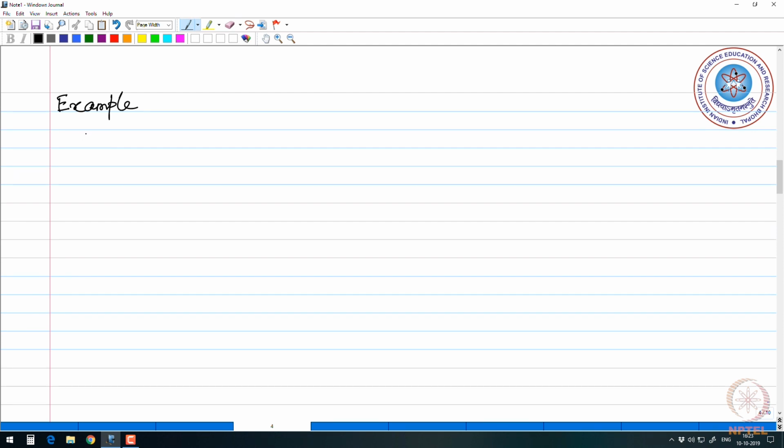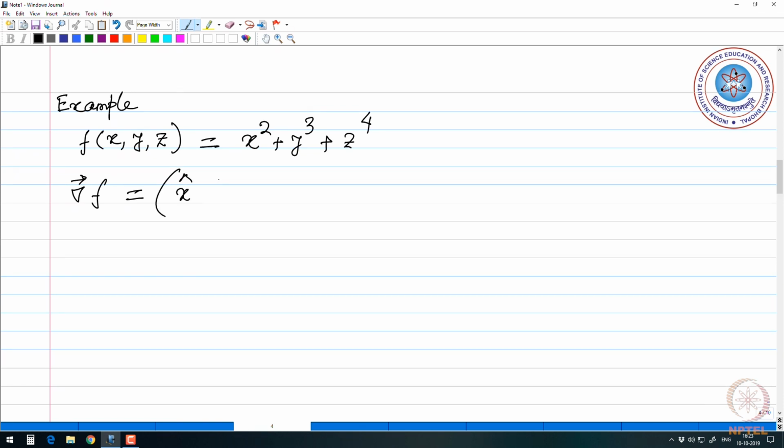Let's consider another example. Let's consider a scalar field f, a function of all three position coordinates x, y and z, given as x square plus y cubed plus z power 4. Now, if we calculate the gradient of this scalar field, we can write it as x cap del x plus y cap del y plus z cap del z.